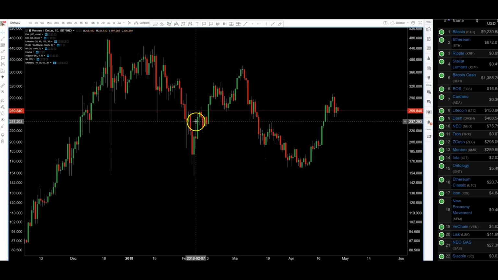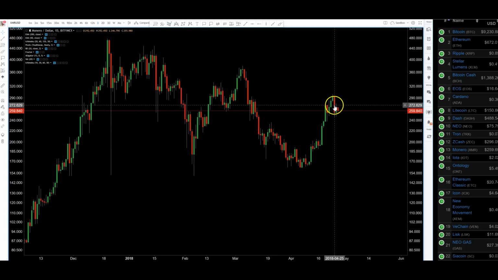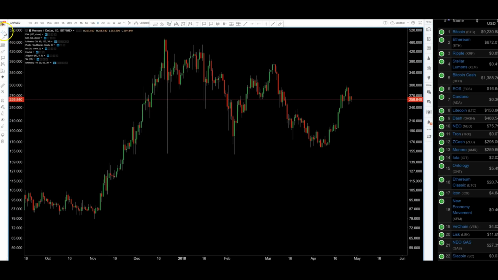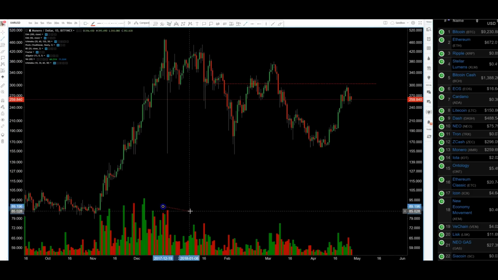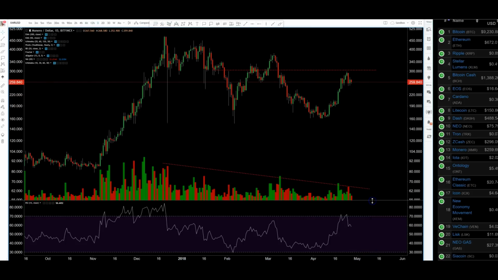Much like BTC and everything else, you're seeing this giant Adam Eve pattern, which looks real enough to me. Any entries would have to be above this level on volume, which you're not seeing yet. You're seeing this just descending volume. So you want to see a pop and something here that's convincing.